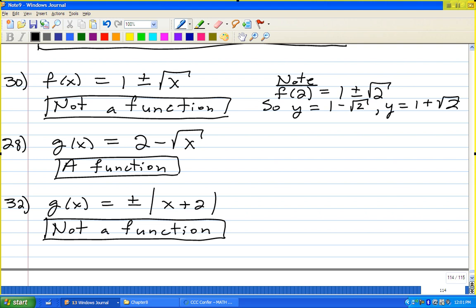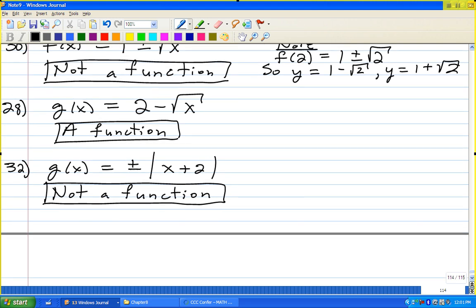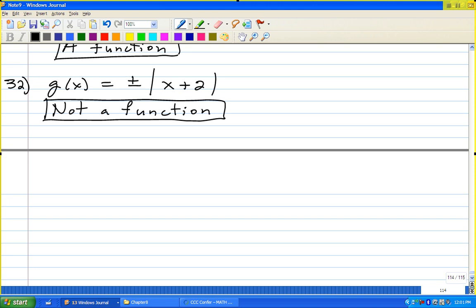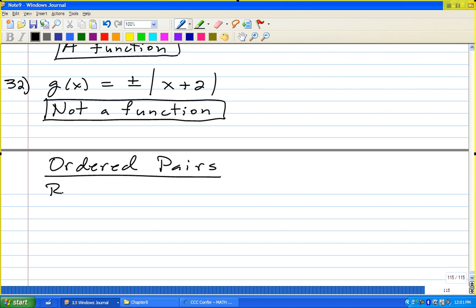Okay. So I've given you the idea of a function as some sort of dependency statement. Then I was saying, well, it's some sort of function machine. Now let me give you an idea of a function as being something related to an ordered pair. So first, let me tell you what a relation is.